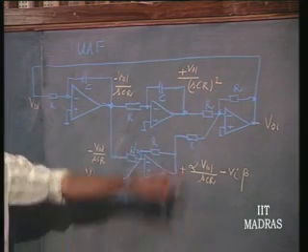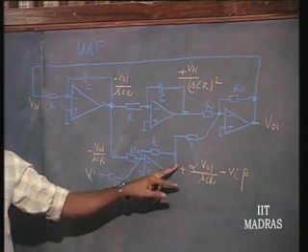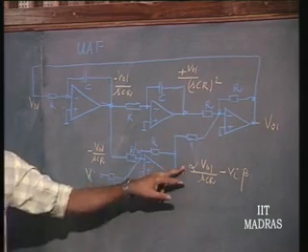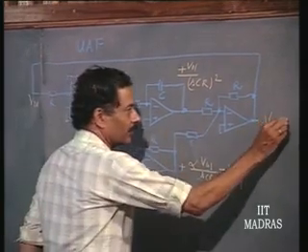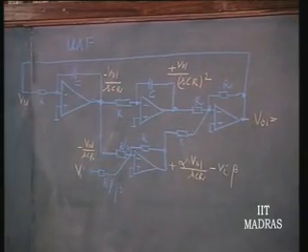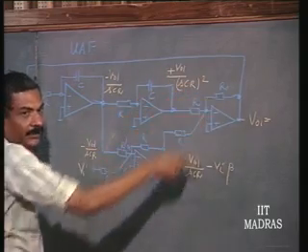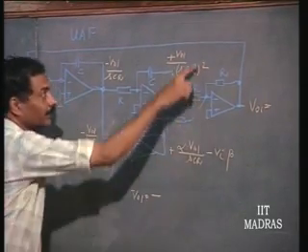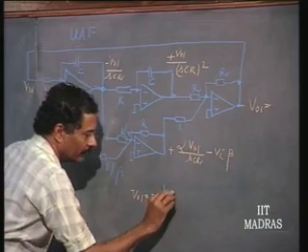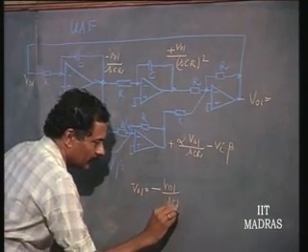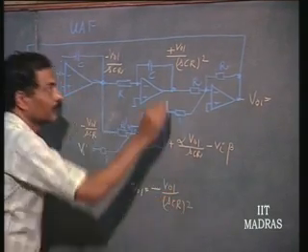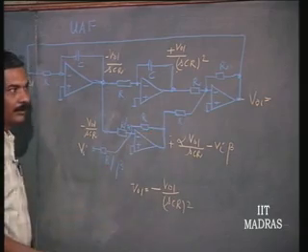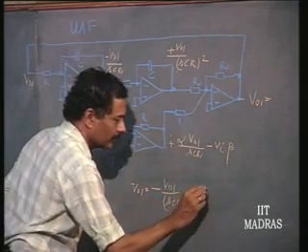Now, V naught 1 has output resulting due to these two inputs. This will appear as an inverting thing, V naught 1 is minus V naught 1 by SCR square and then minus of this.